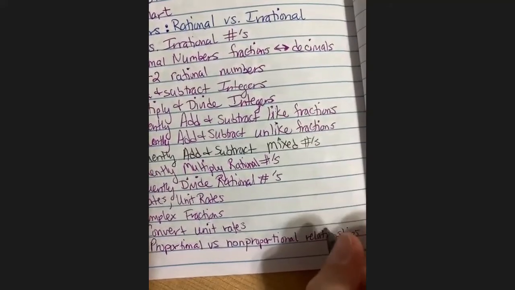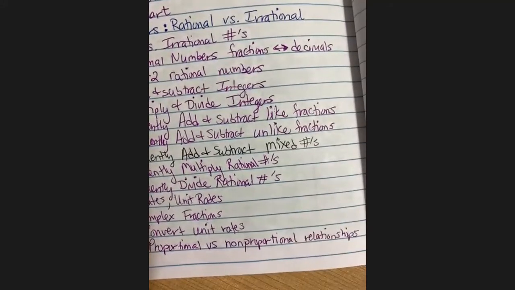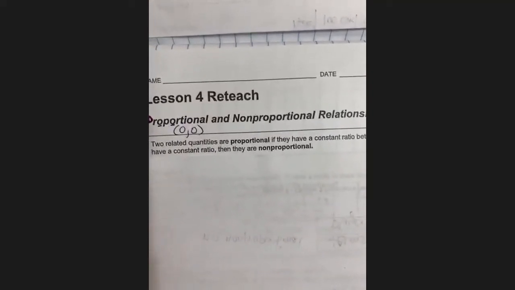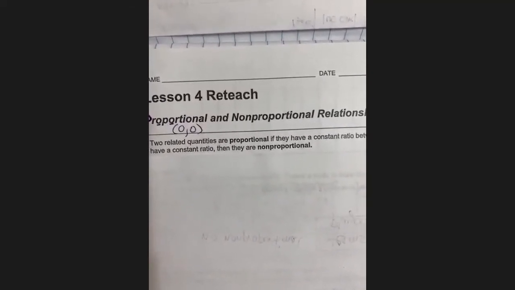It's kind of long to get that all written out there. Proportional versus non-proportional relationships, and this is 2-4. So we'll be switching over to page 23. If you need to take a break to glue that in, you'll be turning this sideways onto page 23. All right, we're ready to do some practice.